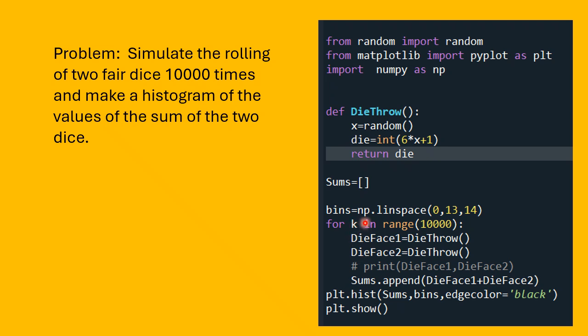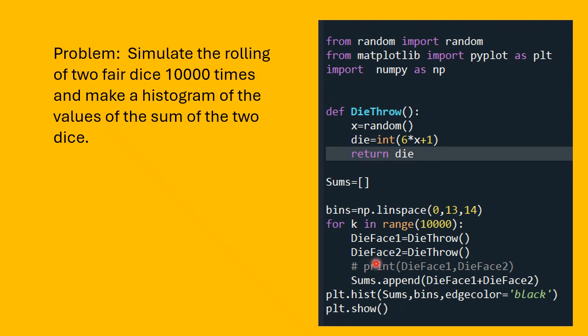So then what do we do in this for loop? We're going to throw the die twice. Die face 1 equals die throw. Die face 2 equals die throw. So each of these generates a random integer between 1 and 6 and stores them in die face 1 and die face 2.